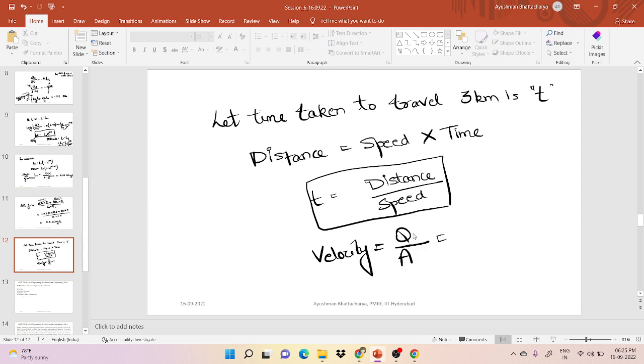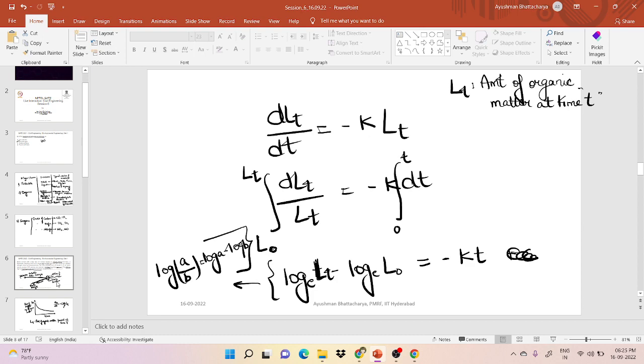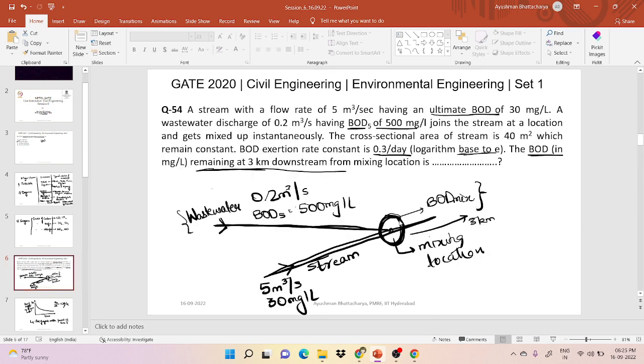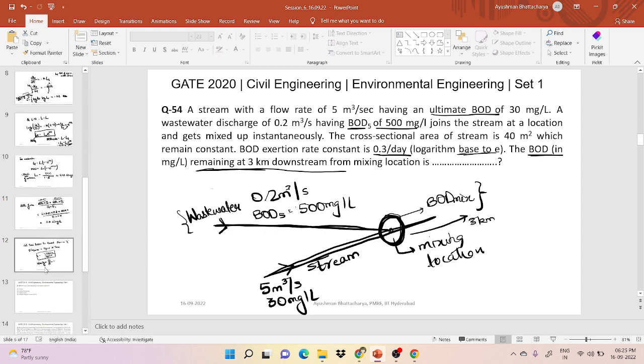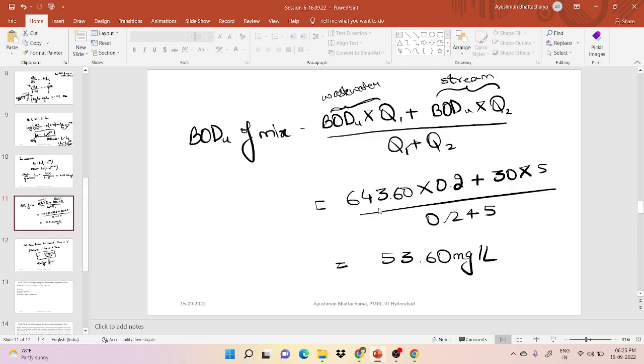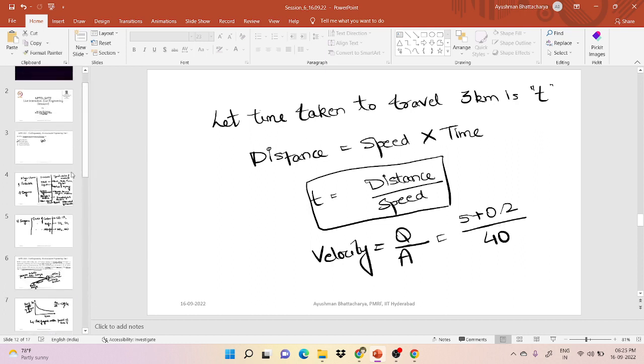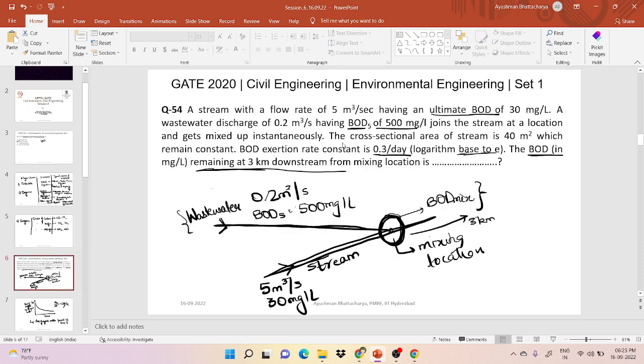So Q total of mix: how to calculate the discharge? The water which will go downstream will be Q1 and Q2 of both the wastewater and stream. So the total discharge will be Q1 plus Q2, which will come out to be 0.2 and 5, so that is 5.2. And for area, in the question they have mentioned the cross sectional area of the stream is 40 meter square.